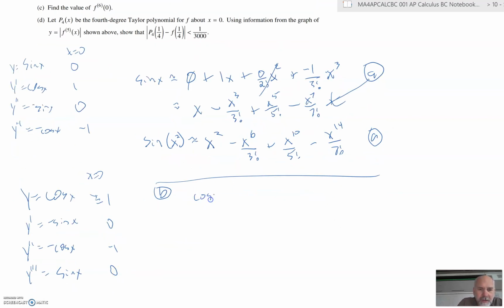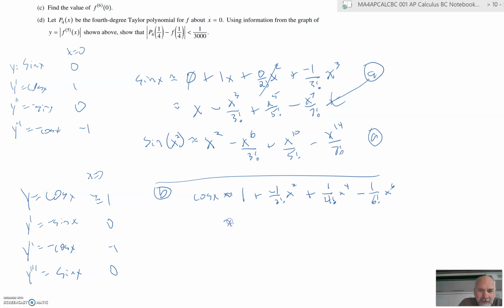So cosine x is equal to, non-zero terms again, not about equal to, 1 plus 0x. I don't need that, so I go straight to minus 1 over 2 factorial x squared plus, and then it'd be the fourth, so 1 over 4 factorial x to the fourth. Oh, I got it. Minus 1 over 6 factorial x to the sixth.